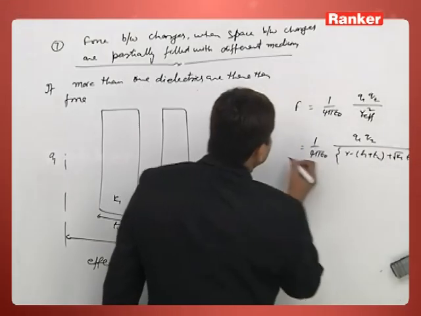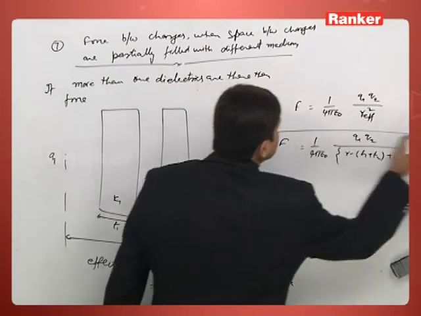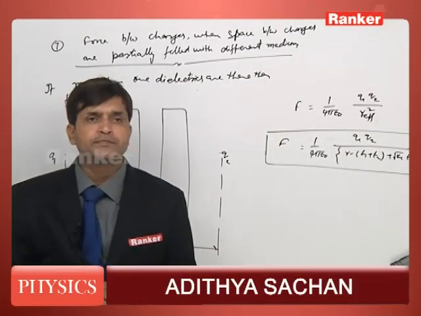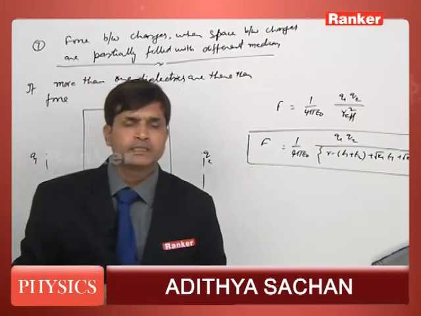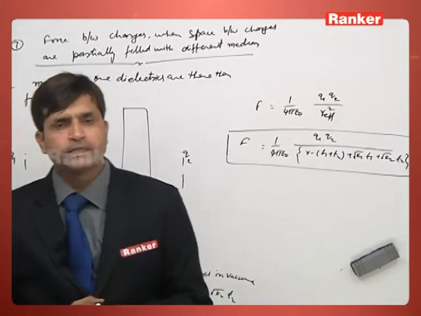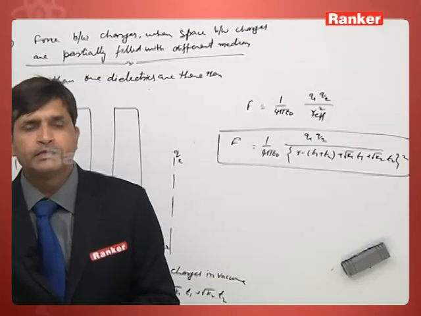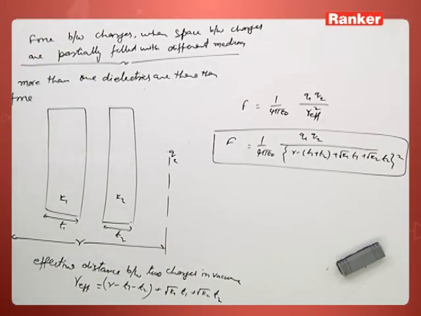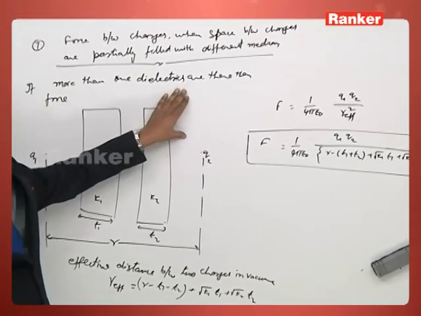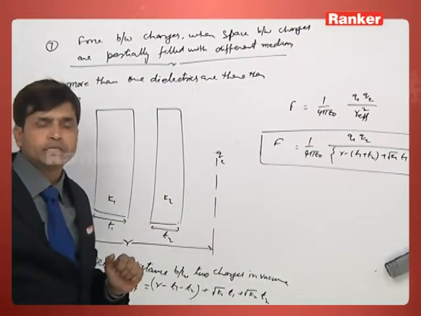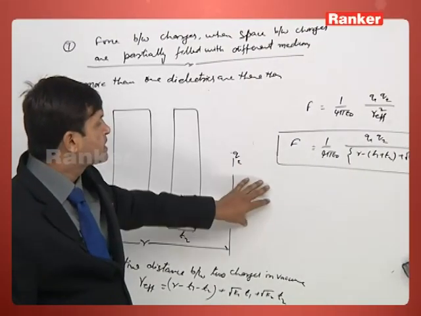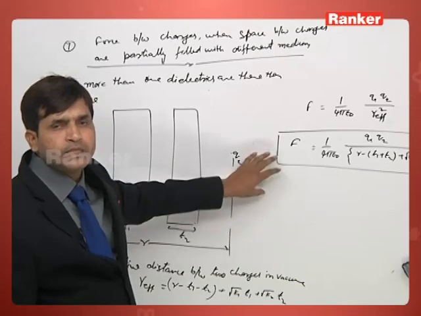This is the net force between the two charges. In this manner, we can determine the force between the two charges if the space between them is partially filled with dielectrics. Okay. So these are the basic fundamentals, characteristics or properties of Coulomb force and some of the applications. Now we will discuss certain problems based on Coulomb force.